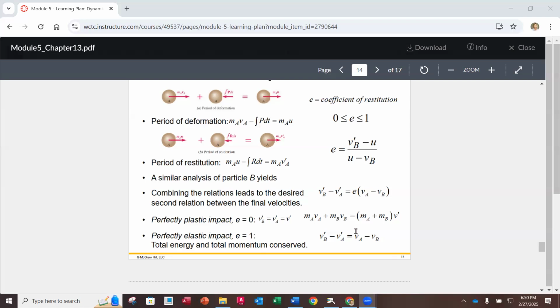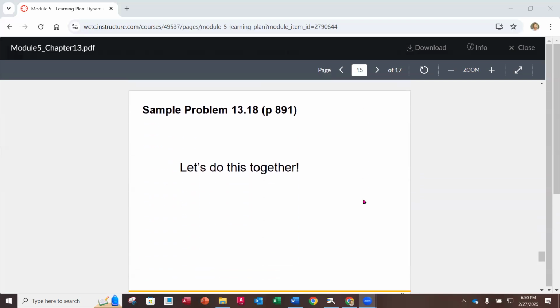We're going to be using this equation in the next two sample problems, or practice problems. So our next practice problem is going to be number 1318, found on page 891, and we'll do this one together.